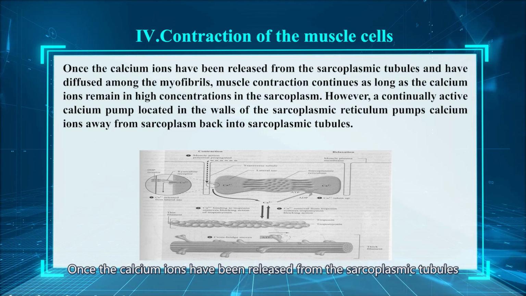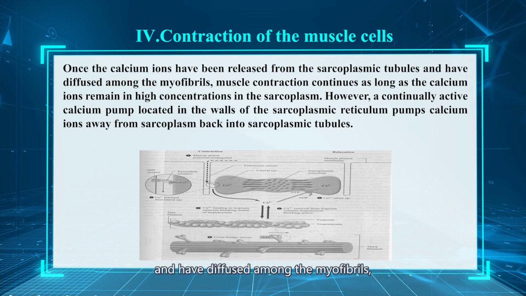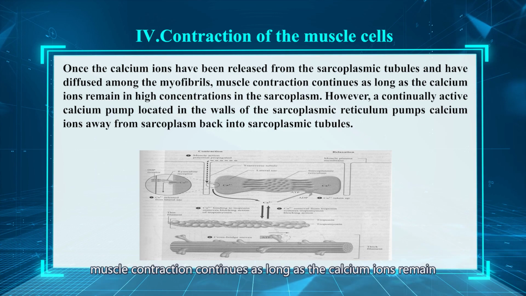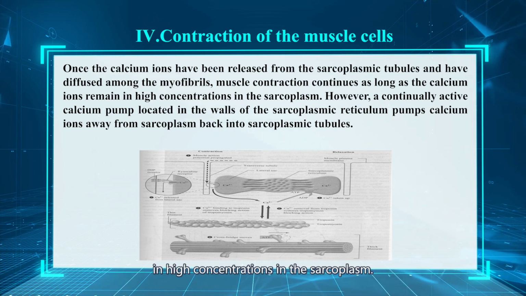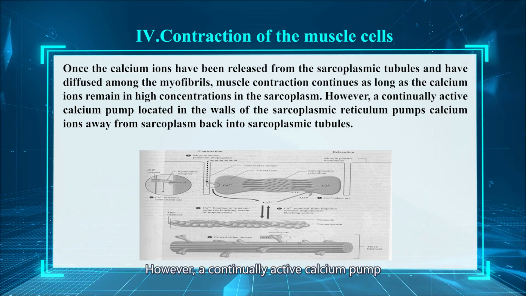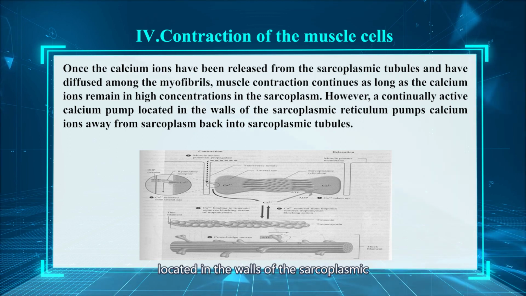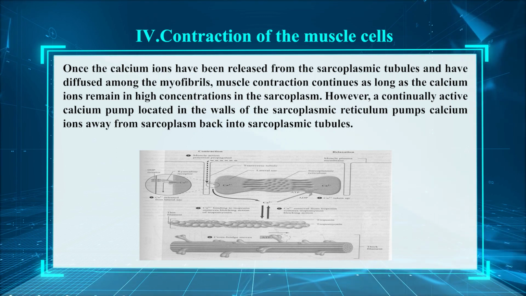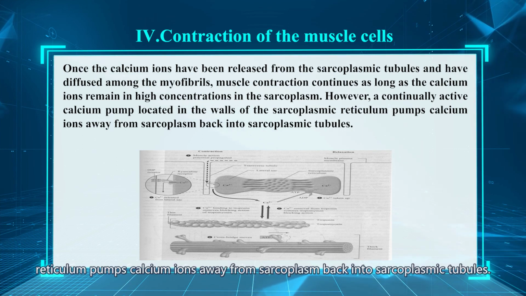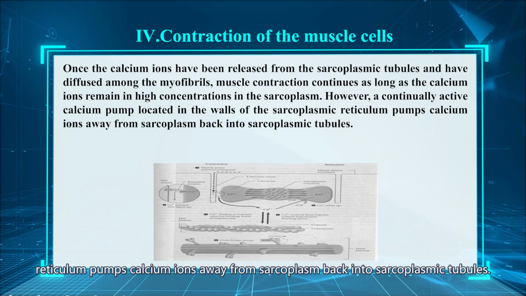Once the calcium ions have been released from the sarcoplasmic tubules and have diffused among the myofibrils, muscle contraction continues as long as calcium ions remain in high concentration in the sarcoplasm. However, a continually active calcium pump located in the walls of the sarcoplasmic reticulum pumps calcium ions away from the sarcoplasm back into the sarcoplasmic tubules.